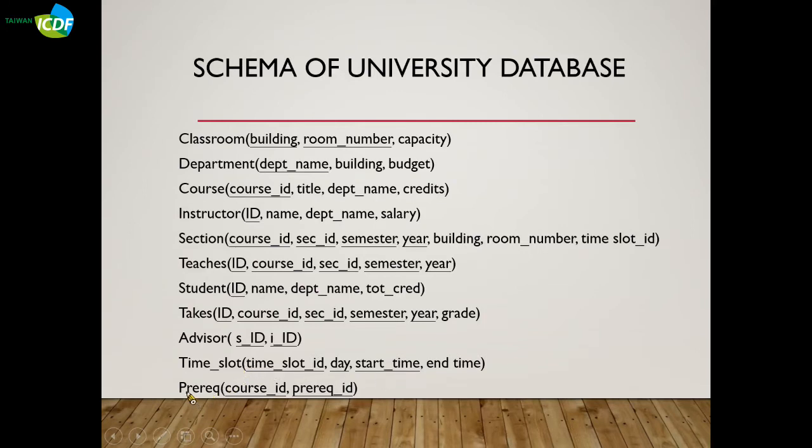Finally, prerequisites consist of course ID and prerequisite ID, and both of them are primary keys. So with schemas, we can easily express the components or the tables in the database.